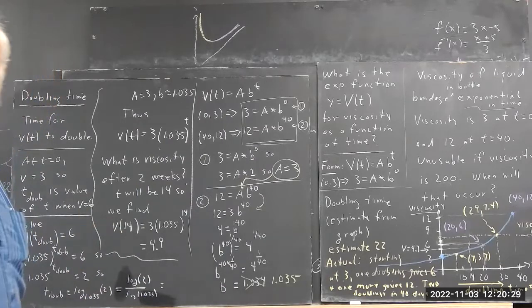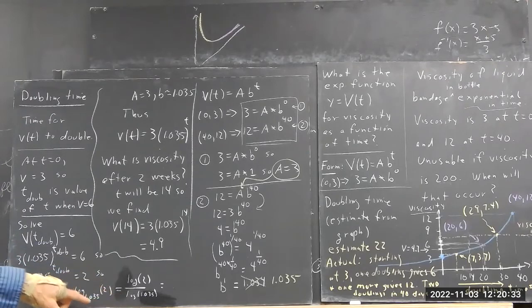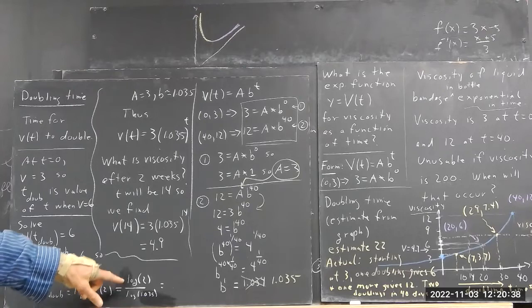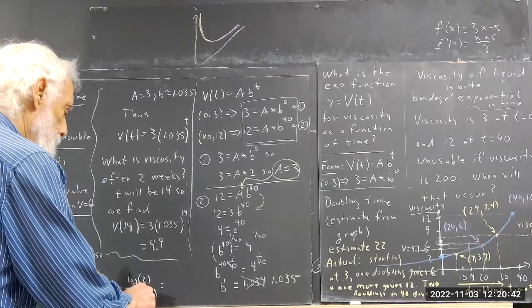It's an easy rule to apply, and it's what you do at the end when you get a log to a weird base of some number. So calculate this. What's log 2 over log of 1.035?